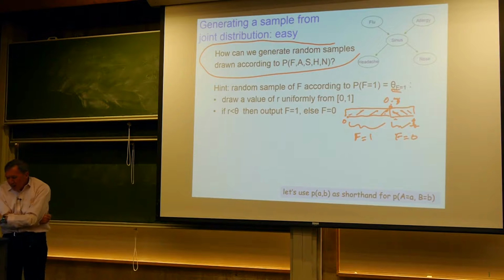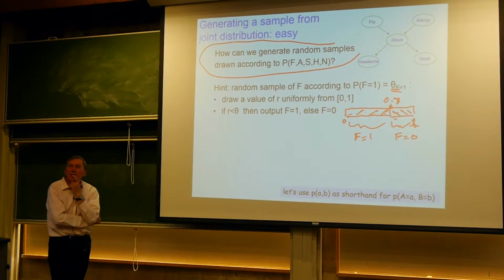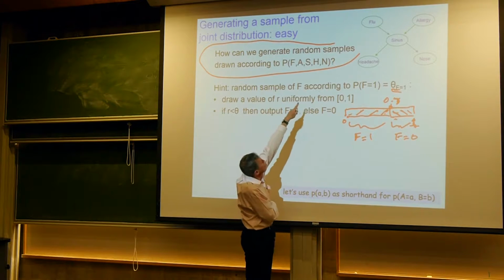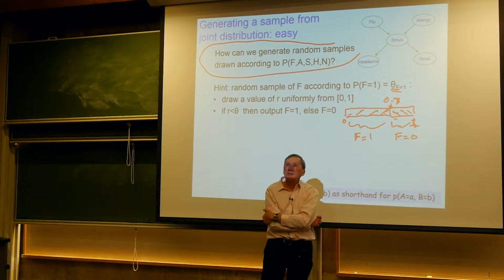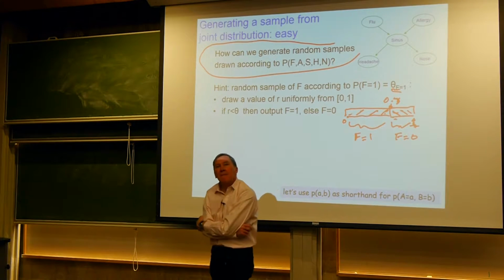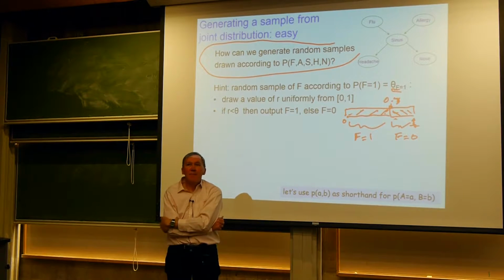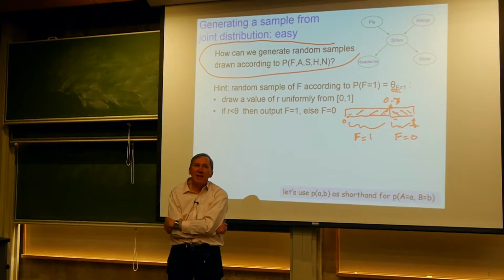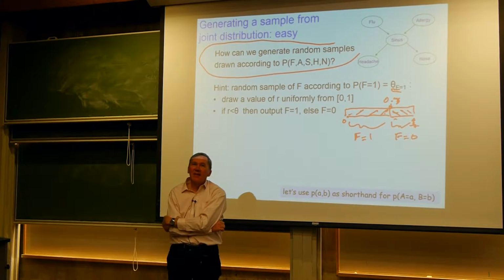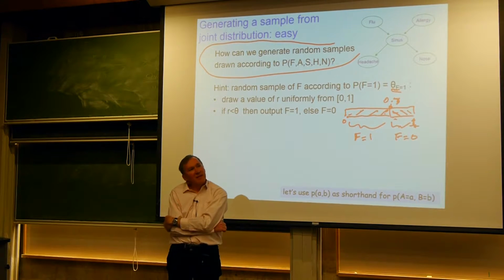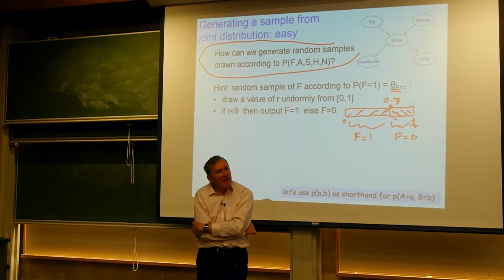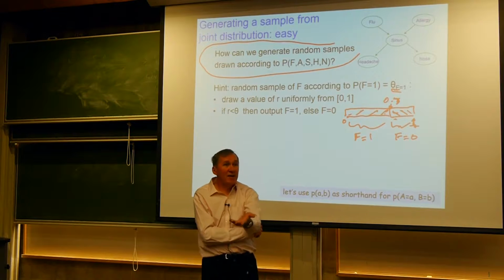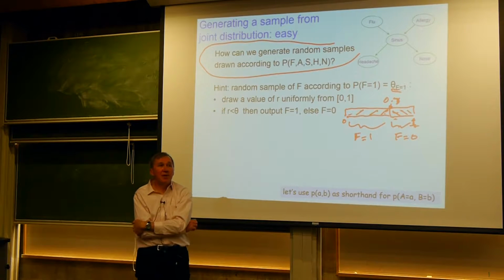Okay, so then how can we use this to generate a random sample of the entire joint distribution, F, A, S, H, N? Right, we do the same thing we did when we used the factorization of the joint distribution.